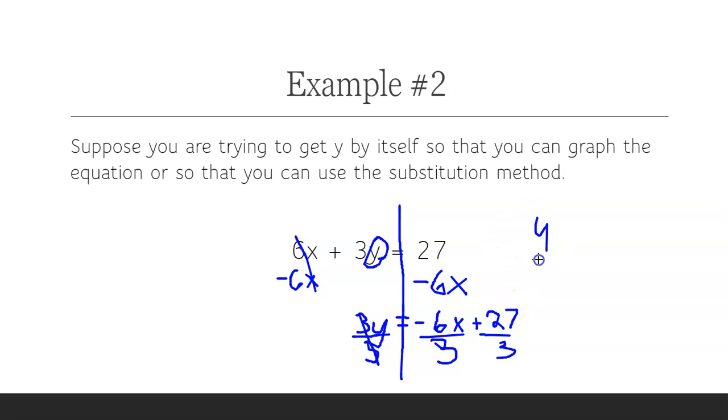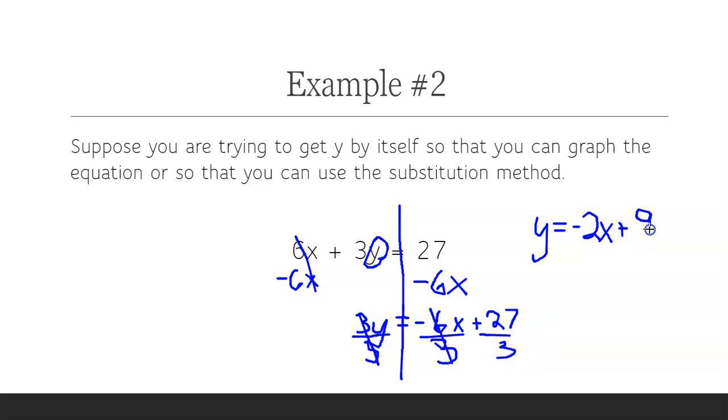So you're left with y equals, and then you need to do -6 divided by 3, and that's going to give us -2. Okay, so that canceled out to a -2, and then plus 27 divided by 3, which gives us 9.